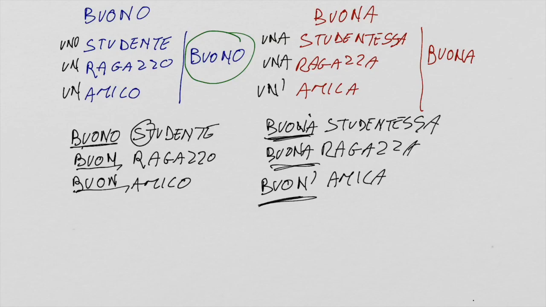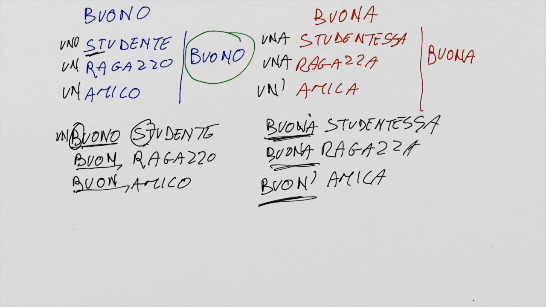Now, in this case, I want to just show you something here. Let's say I want to write the article in front of buono studente. What will it be in this case, a good student? I have to put un, because in this case I have a simple B, just a regular consonant. I don't have S plus consonant anymore.